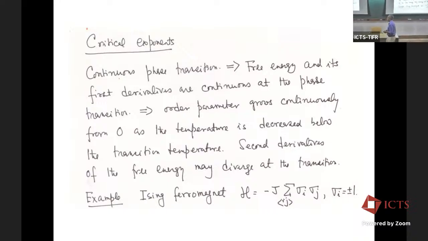So now we come to the finer characterization of these phase transitions, in particular, characterization of phase transitions which are continuous, which are not first order. Yesterday I was telling you about first order transitions where measured quantities have discontinuities, like the liquid to gas transition, where the density will have a discontinuous change.